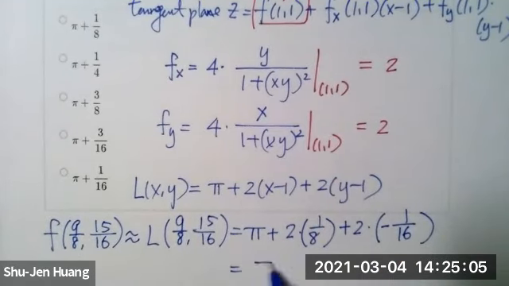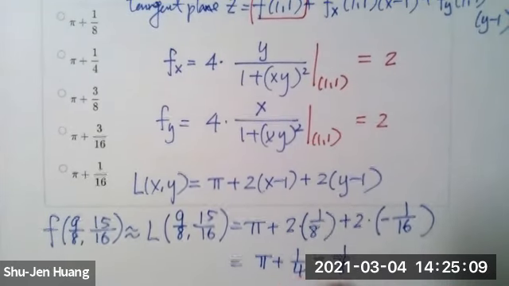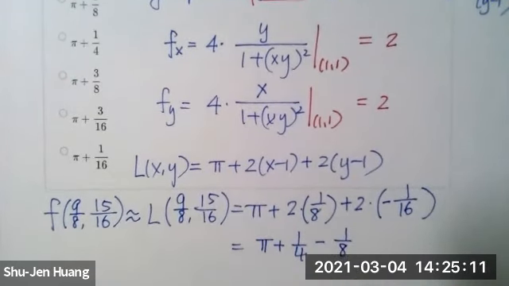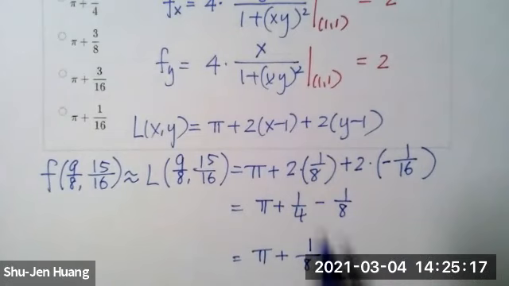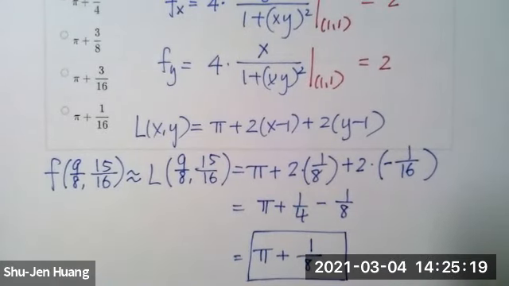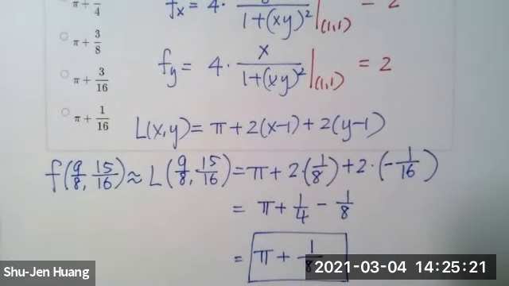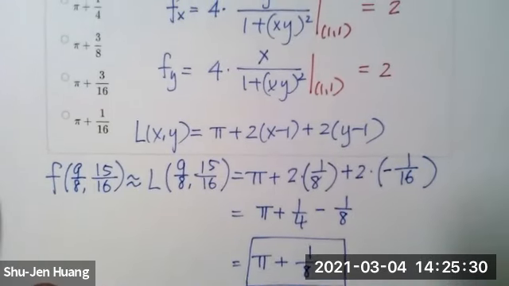So we'll have pi plus 1/4 minus 1/8, and these two fractions can be combined using the least common denominator, which is 8. So you have 2 minus 1, which gives pi plus 1/8. This is how we do the approximation using the tangent plane. Is that good? So this is question number 5.